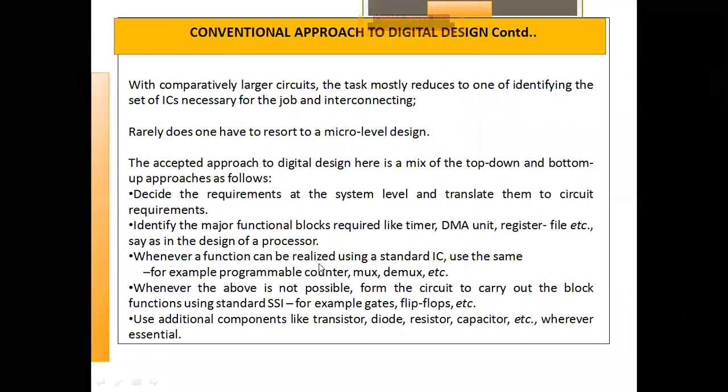So you just see the conventional approach to a digital design. What is it? If you are designing a very large circuit, first you identify what the components are, and whether we have such components or not. If they are not in our library, we have to design our own. If they are present in the library, then use those.